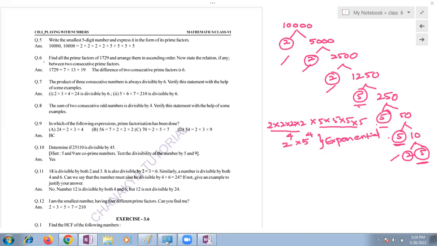In this question, are we supposed to find the relation between HCF and LCM? LCM multiplied with HCF is nothing but the product of the two given numbers. That is one important thing, children.